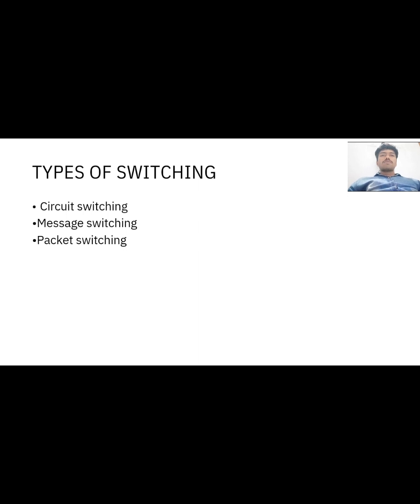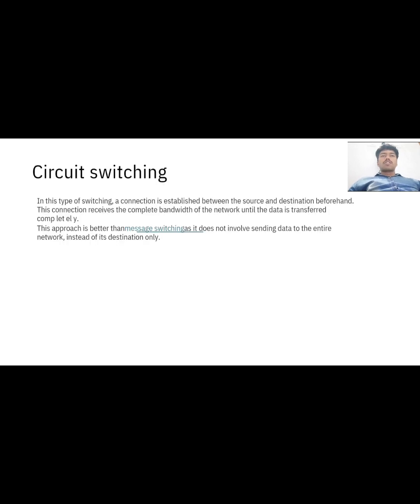Next was types of switching. Switching was classified into three. They are circuit switching, message switching, and packet switching. In circuit switching, a connection is established between the source and destination beforehand.